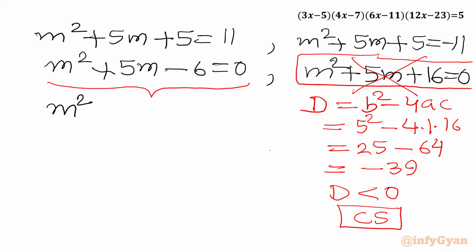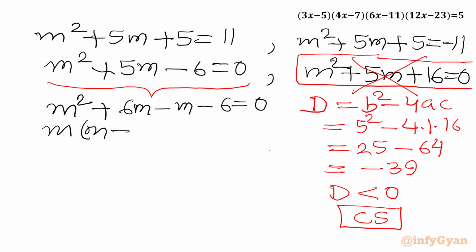m square plus 5m can be written as 6m minus m. Then we have minus 6 equal to 0. From the first two terms, m is common. We will write m plus 6. From the next two terms, we will take minus 1 common and get m plus 6 equal to 0.